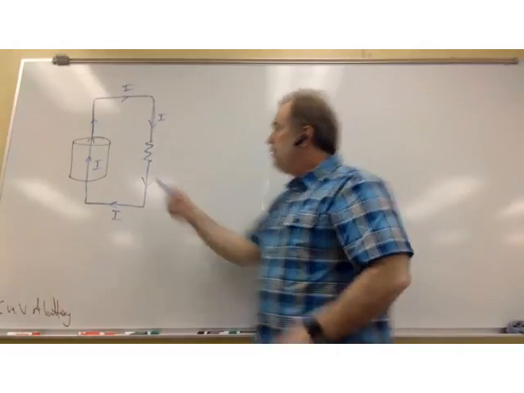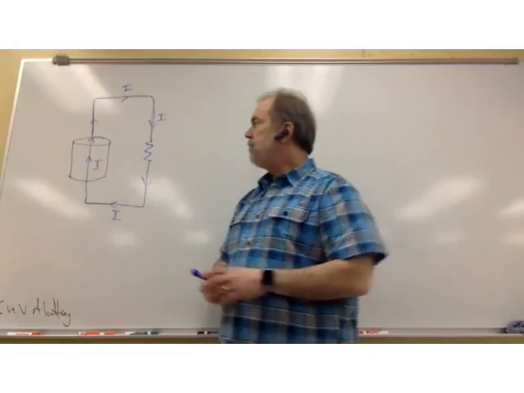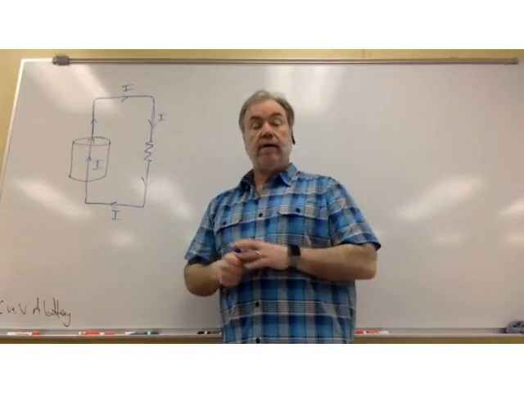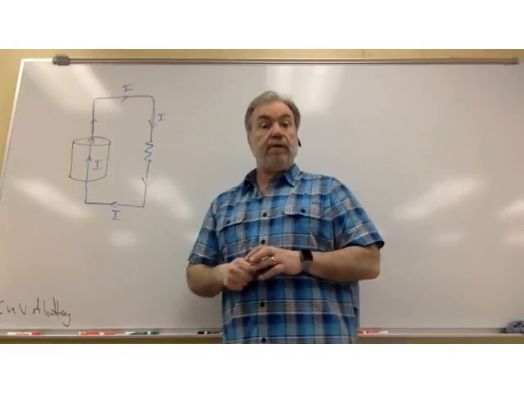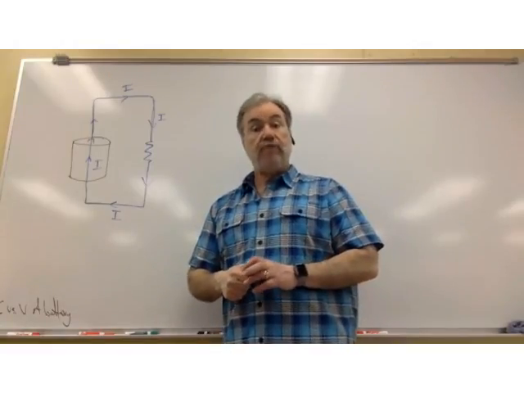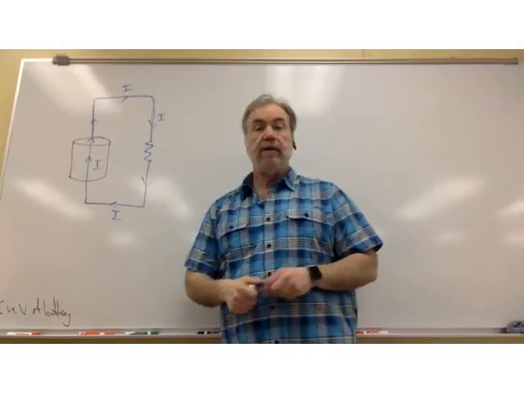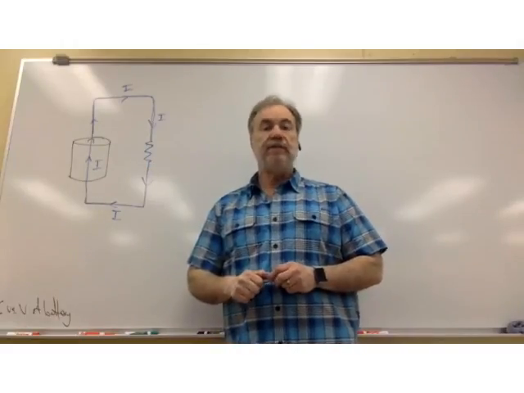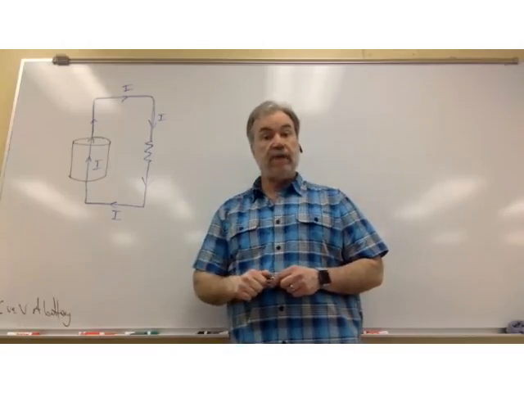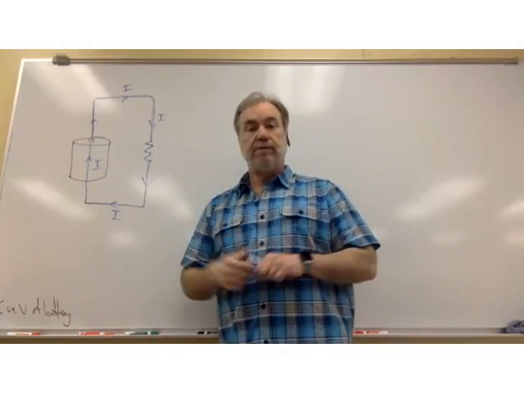So the current is flowing through the battery, but like the light bulb, the battery actually offers up some resistance to flow. There is some internal resistance to the battery, which, I mean, that's not a stunning surprise. There's a bunch of stuff inside the battery. There's different materials.